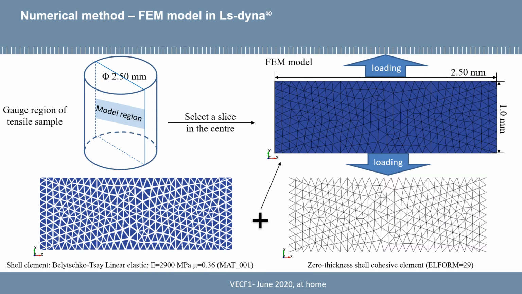As for the numerical methods, I will first introduce the frame model. We use the frame model to mimic the central region, the gauge region, of the real samples. From here, we can see that we use shell elements to build the model, and the frame model is coupled by two parts. The first part is a normal shell element.